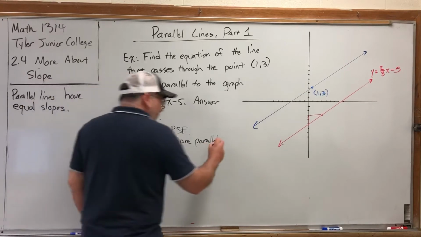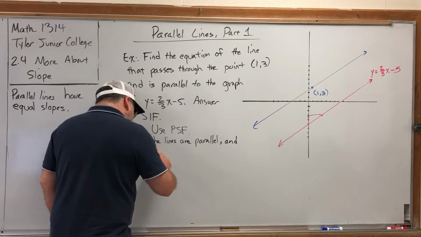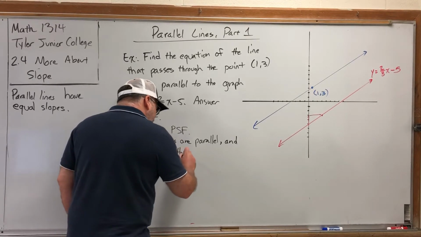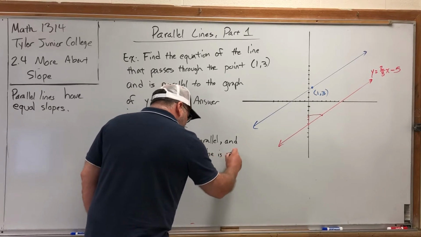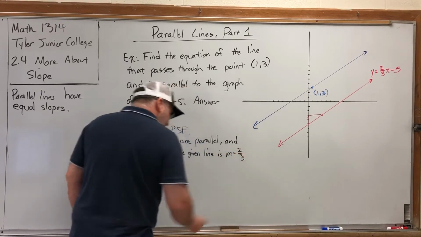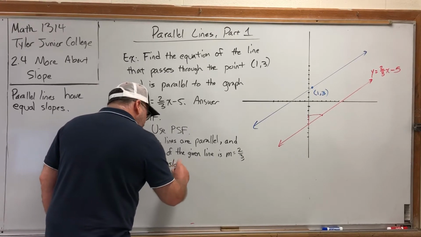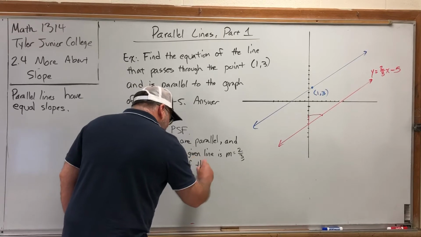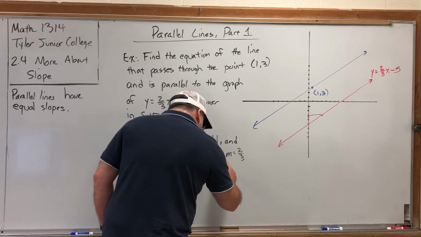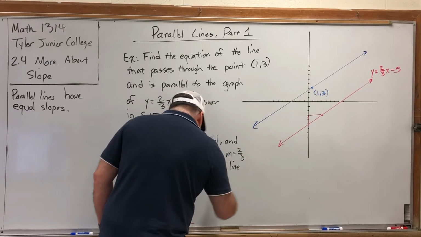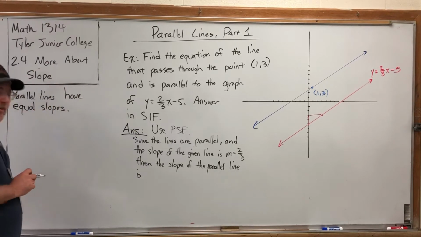Since the lines are parallel and the slope of the given line is m equals 2/3, then the slope of the parallel line, P-A-R-A-L-L-E-L, is, now I'm going to introduce a symbol that may look new, but it actually makes sense.